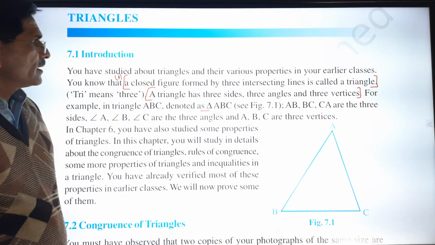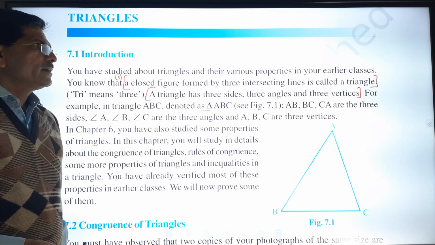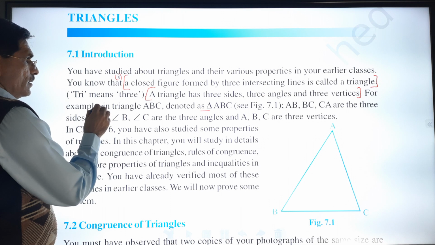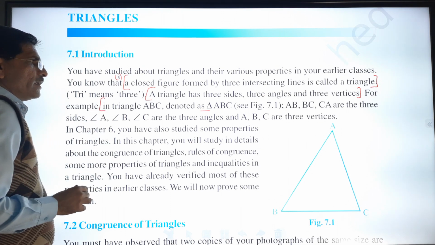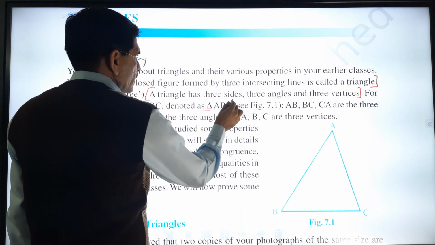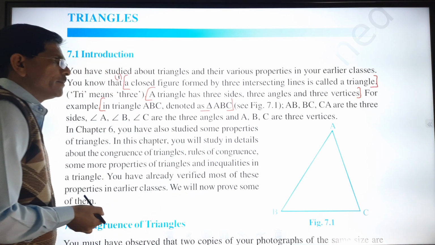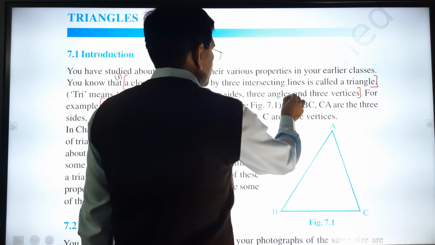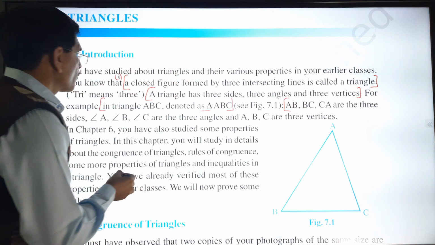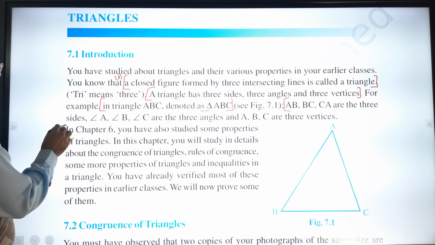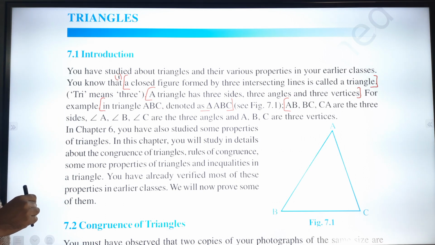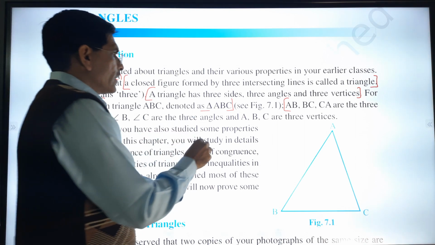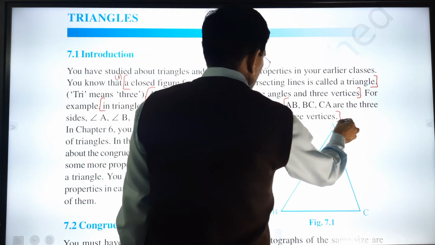Third: triangle ABC is denoted by the symbol triangle ABC. Now fourth: AB, BC, CA are three sides; angle A, angle B, angle C are three angles, and A, B, C are three vertices.